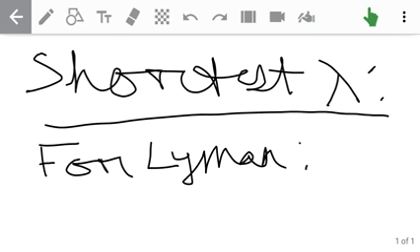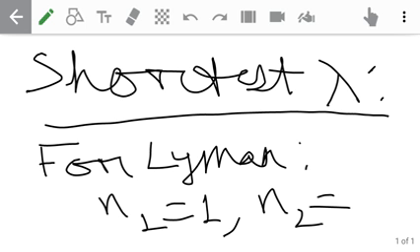So for maximum energy, we need the transition to occur from infinity to 1. In this case, put n1 equal to 1 and n2 equal to infinity. That's how we solve the problem of shortest wavelength. Okay, is that fine?